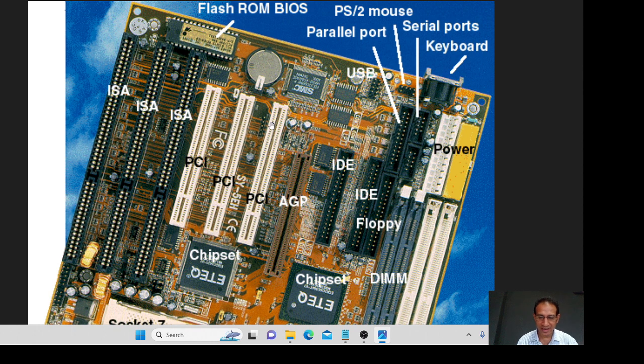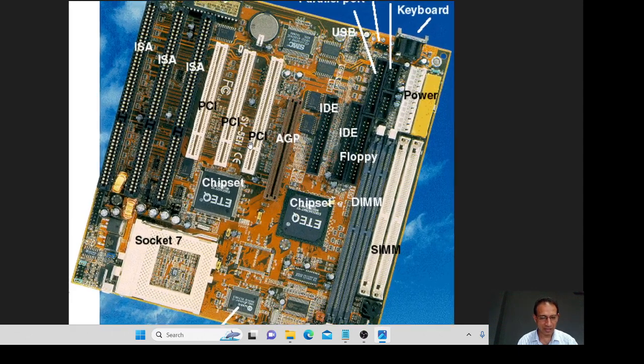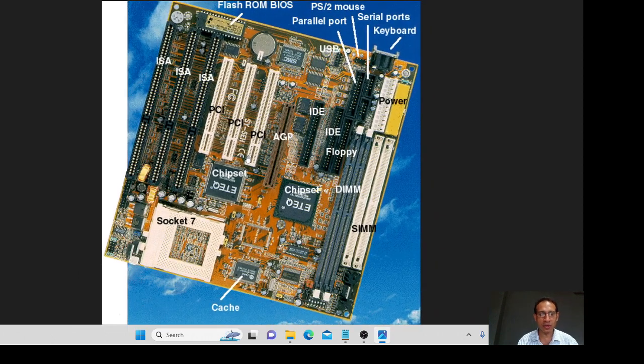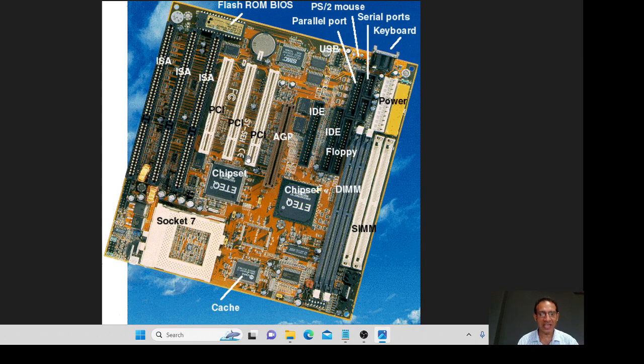When you press F2, or Delete, or sometimes F2, then you can see your boot sequence or CMOS setup while you're rebooting or powering on the machine.